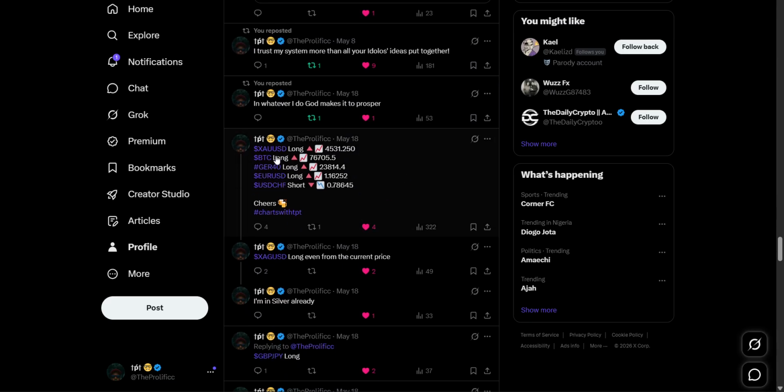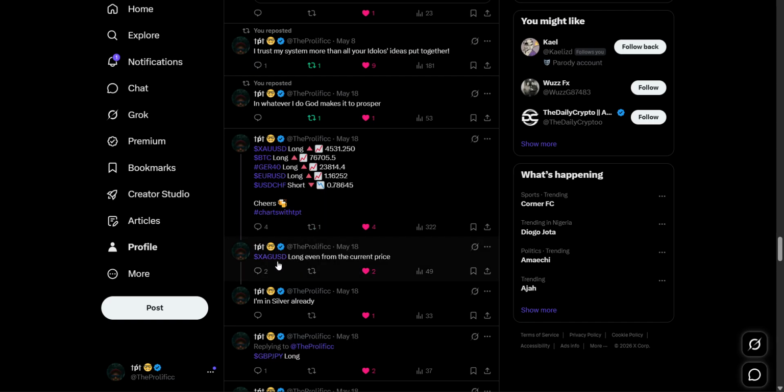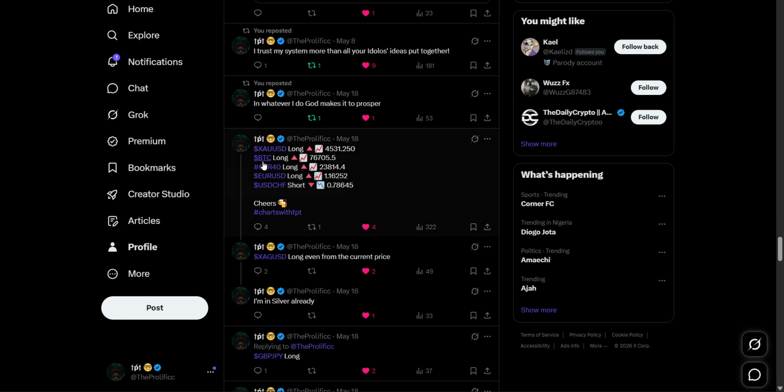You can see BTC long, German 40 long, EURUSD long, USDCHF short, and then silver long from the current price at the time I posted. The only thing that messed us up was BTC that day. It gave us some profit, but I didn't take the profit, of course, and it dumped later on. That was the only disadvantage we had.